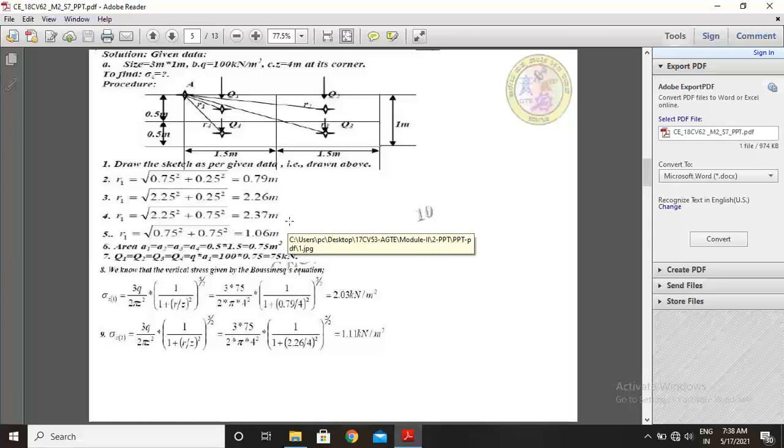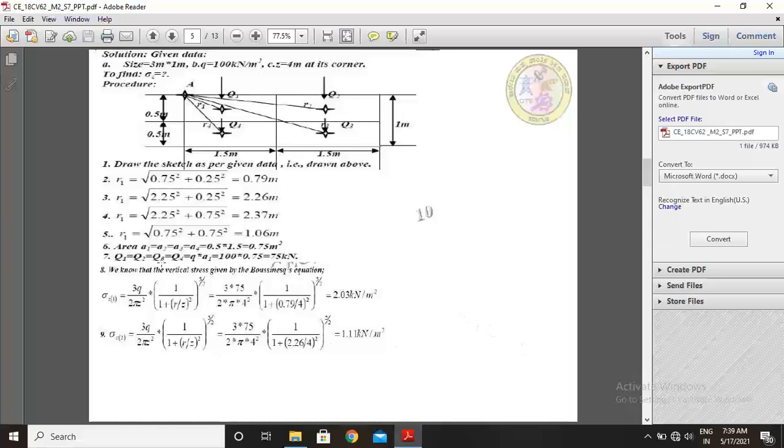So the distance is 2.37 meters. R4: root of 0.75 square plus 0.75 square. So the answer is 1.06 meters.